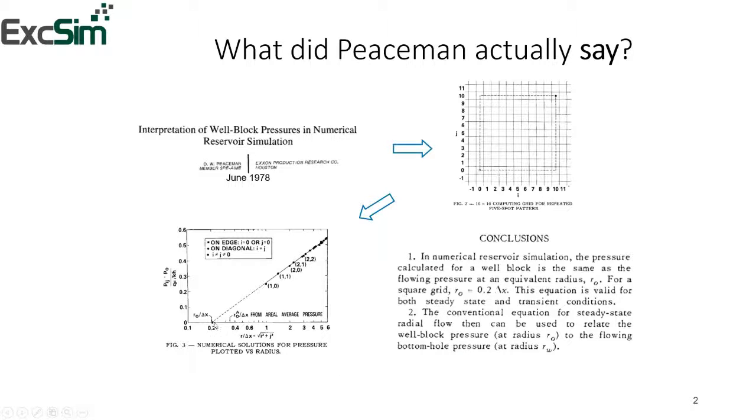And of course, you can extrapolate that point all the way down to the wellbore radius to get the flowing bottom hole pressure, which he states in his second point here in the conclusions. The conventional equation for steady state radial flow then can be used to relate the well block pressure at that radius to the flowing bottom hole pressure at the wellbore radius.